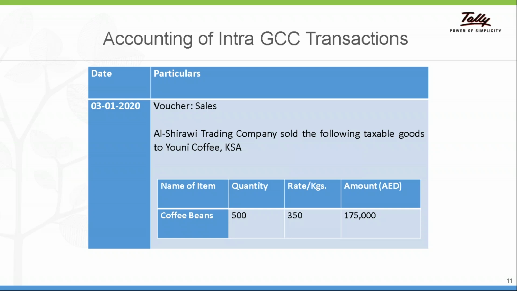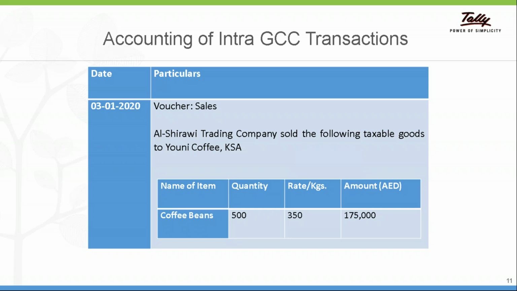For example, if a company registered in UAE makes a sale to a company registered in the Kingdom of Saudi Arabia, then the transaction between them is termed an intra-GCC transaction.